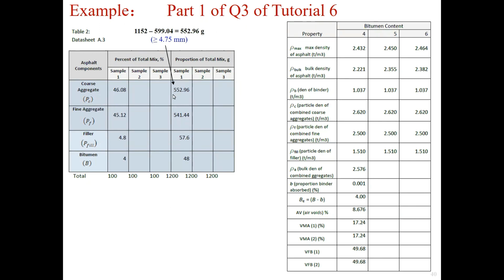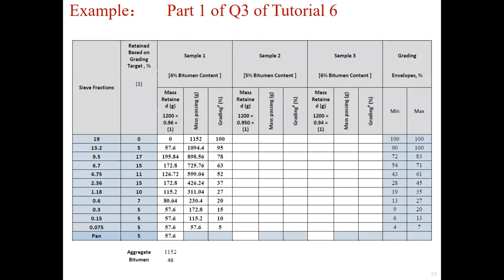If we take the PC for example, it corresponds to the retained weight for sieve size equal to or greater than 4.75 millimeter. So if we go back to the previous slide, the total weight of aggregate is 1,152 grams, and the mass passing the 4.75 millimeter sieve is 599.04 grams.